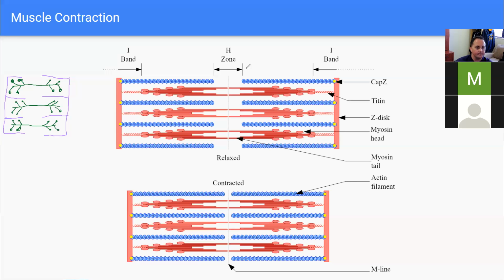Okay, and then I want you to label your inside color. So for me, it was the myosin, and the outside color was the actin filament. I underlined them over here for the drawing that I created.